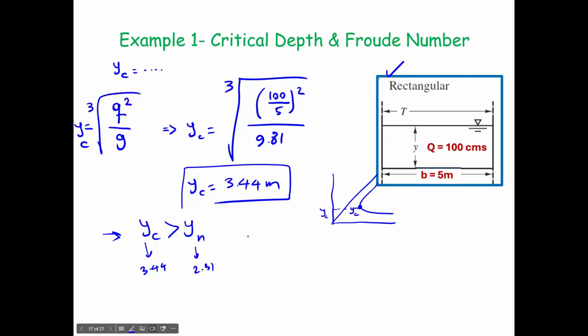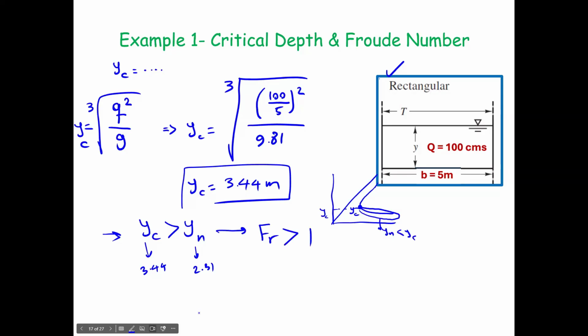You can change your mind whenever you like. Isabella, what do you think? Subcritical or supercritical? Super. It should be supercritical. Look at here, we are in this line, because in this line YN is less than YC. So for sure, Froude number should be more than 1.